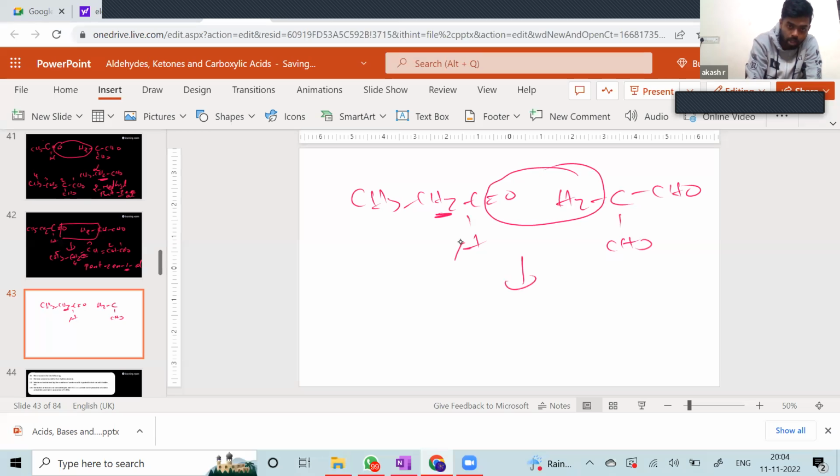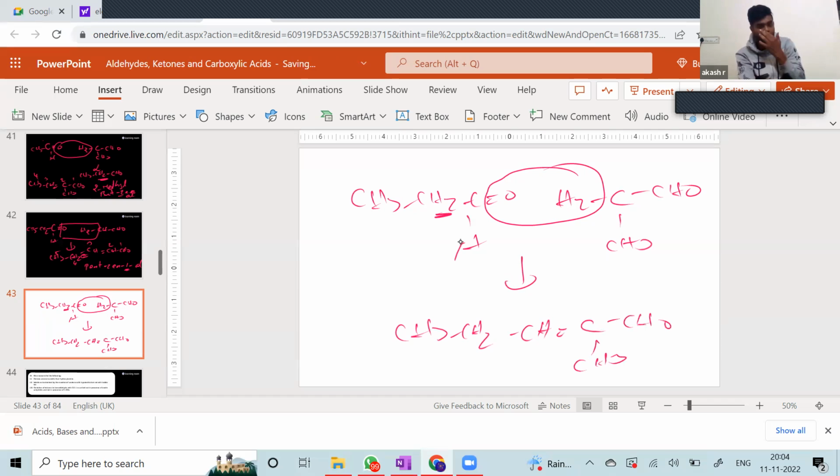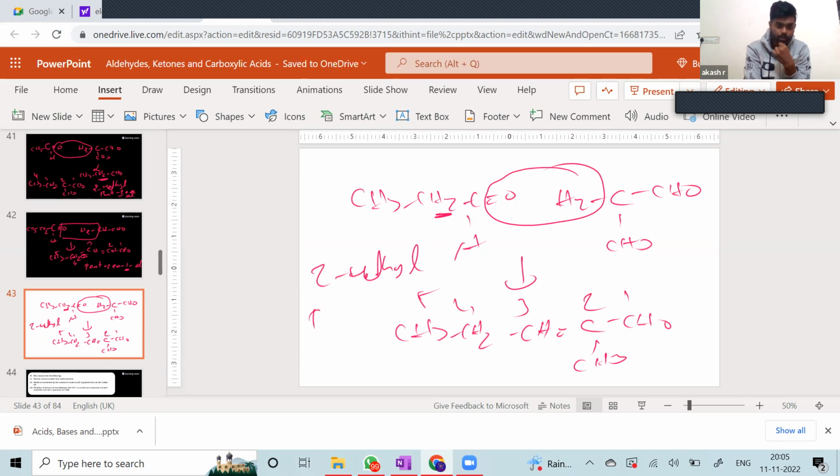Again, we'll remove this water molecule to form CH3, CH2, CH double bond C, CH3, CHO, but this is the self aldol. Again, you can name it if you want. This is 1, 2, 3, 4, 5. In the second carbon atom we have a methyl group, so it is 2-methyl. There are 5 carbon atoms, so pent. Second carbon atom having the double bond, so 2-enal. That is going to be the name.